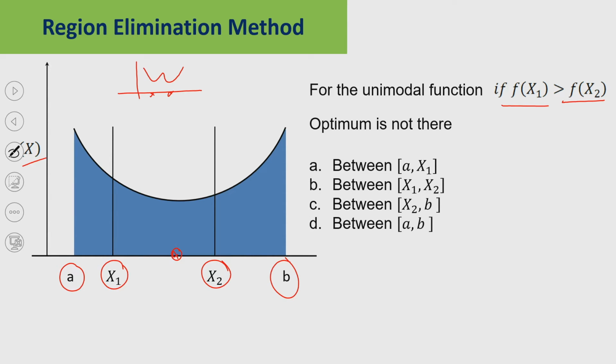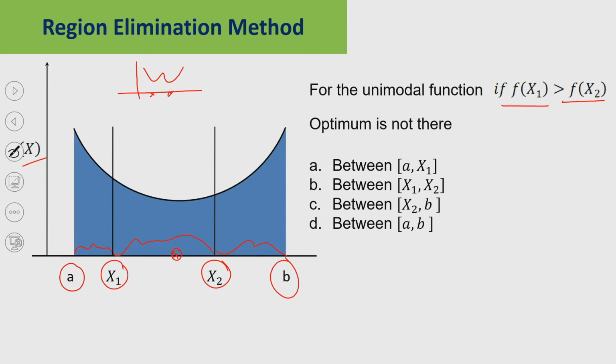Optima is not there between a and x1, between x1 and x2, between x2 and b, or between a and b. So, there are 4 options.